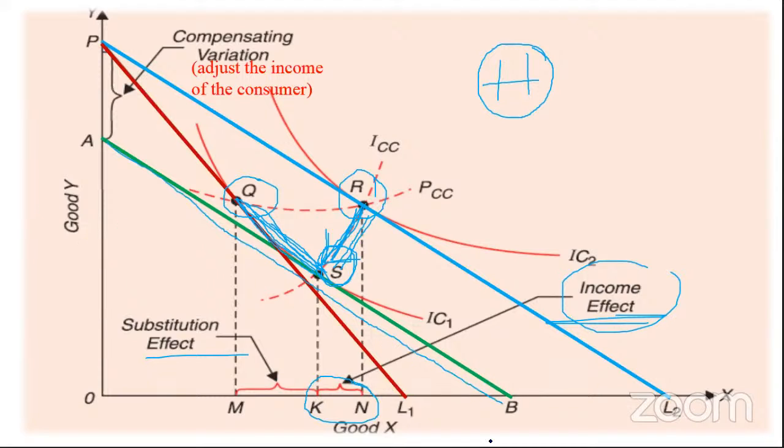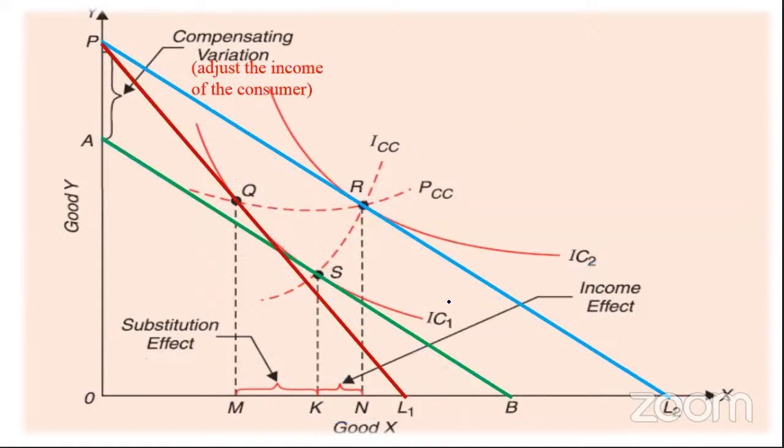AB is the compensating budget line, parallel to PL2, and drawn tangent to the initial indifference curve. This is the Hicks method of price effect decomposition.